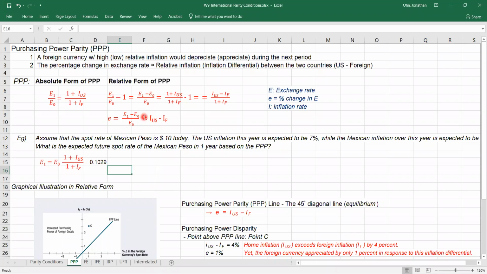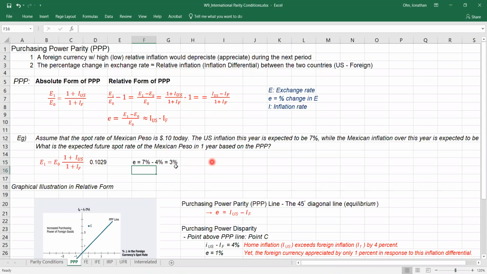Let's use the second form. Now, the second form is that the percentage change in E should be equal to the relative inflation, right? So US is 7% minus 4%, which is 3%. That's from the relative form.